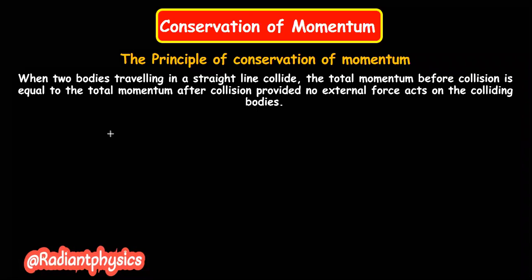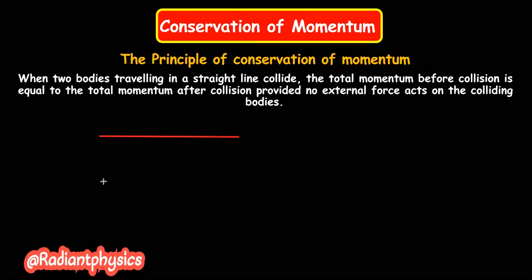So let's have our first line here. Let's put another line here. We're going to need these lines, and then another line here, and then we need to draw some snooker balls. So let's put the first ball here, and then we have the other one here.